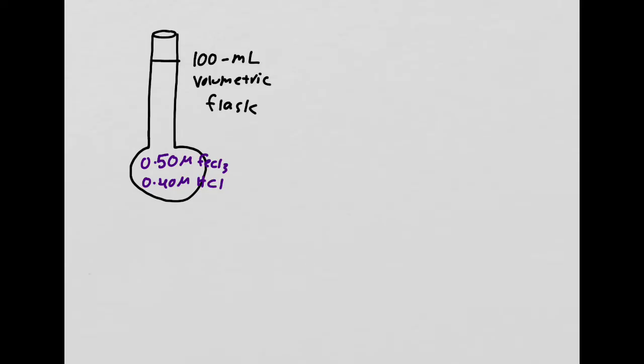In the lab, I have a 3 molar hydrochloric acid. In my case, what I want at the very end is a 0.40 molar hydrochloric acid. So this is what's available to me, 3.0 molar hydrochloric acid, and what I want my final solution to be is 0.4 molar hydrochloric acid. How do I accomplish this?